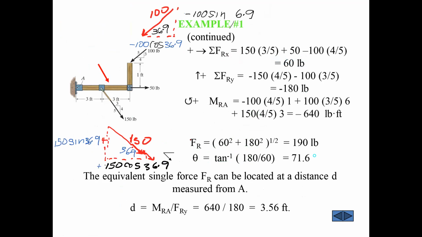Right? Now the angle. Remember the angle? It's the same way we get the angle as I explained before. Let me just explain a little bit about the angle. You see one component is 60 and one is minus 180. Yes. And this is all the moments from point A alone, right?